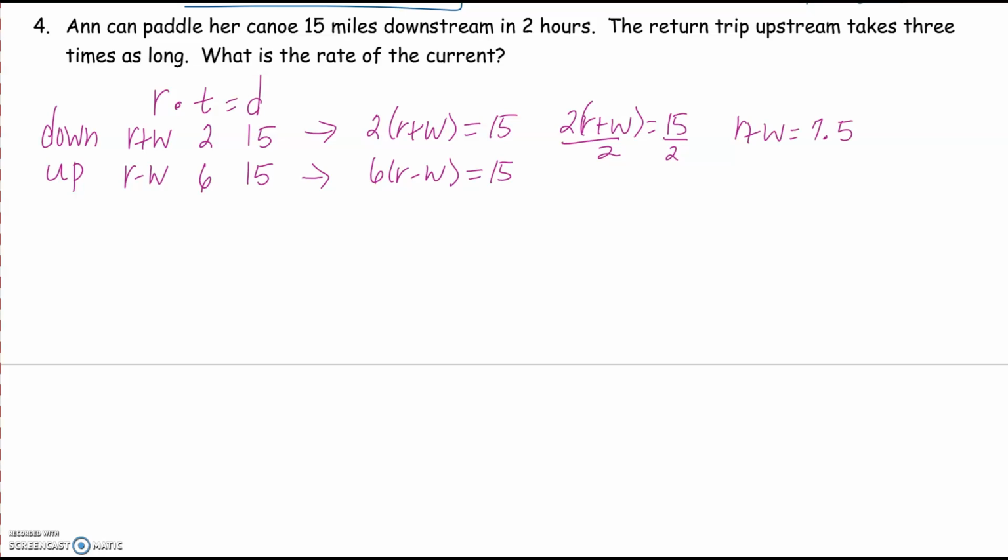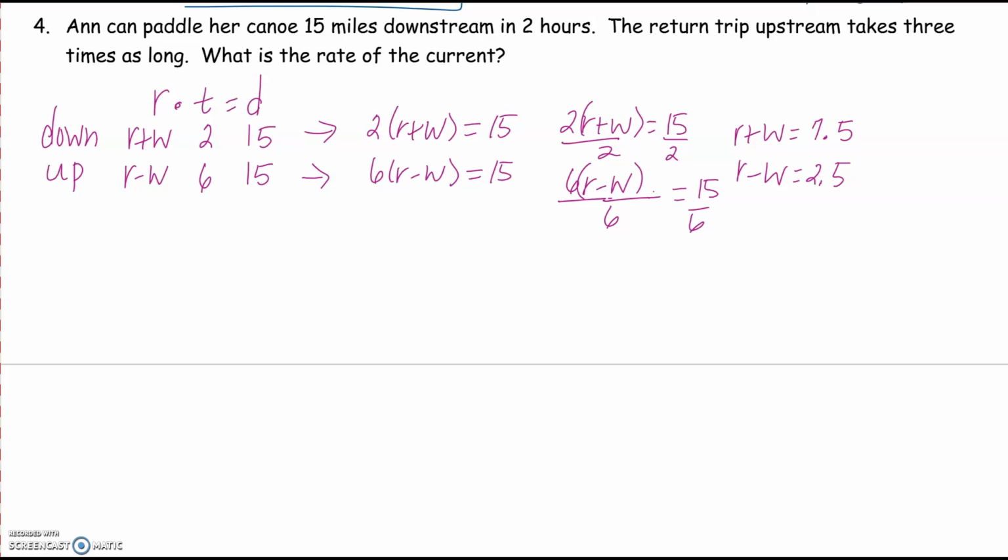I'm writing that as a decimal. And the second one we'll divide by 6, so we get R minus W equals 2.5.